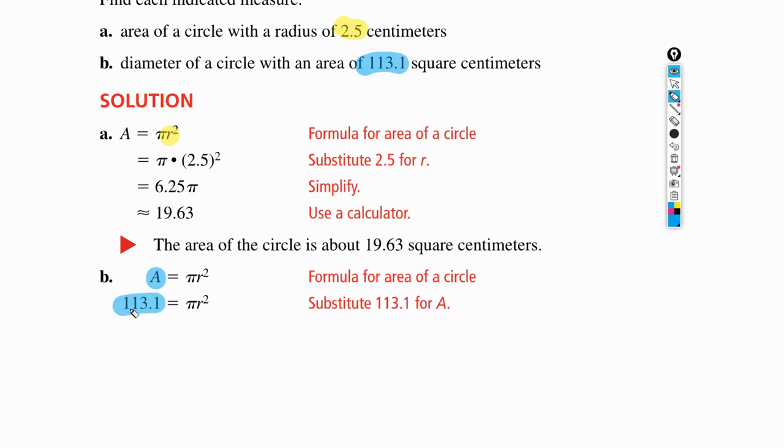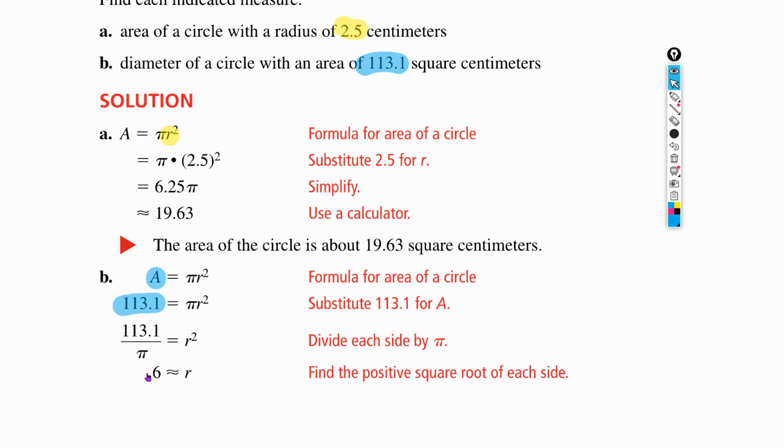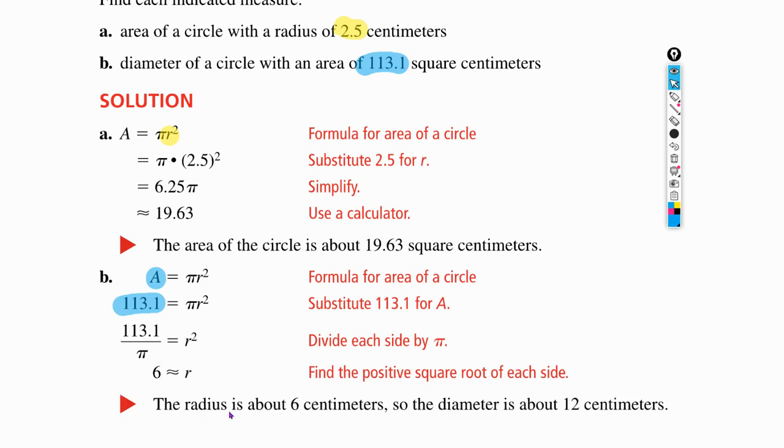I'm going to divide 113.1 by pi, and then find the square root of that number because this is squared. And then I get 6. So 6 is the, I'm sorry, the radius. And so then we have to multiply it by 2 in order to get the diameter. So the diameter is 12. All right, any questions?